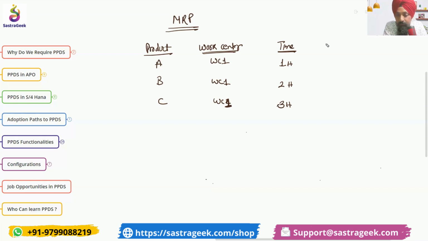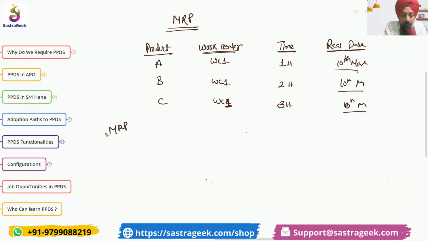And the requirement date is, let's say, 10th of March. All of these we require on 10th of March; they would be available then. If you run MRP here, what would the results be?